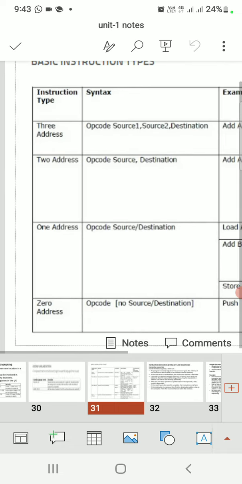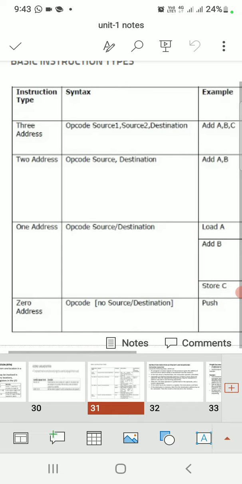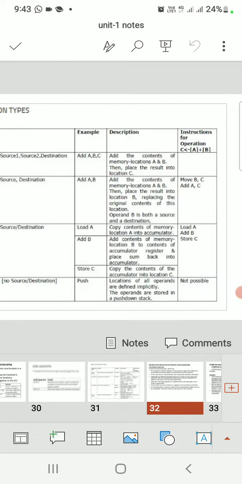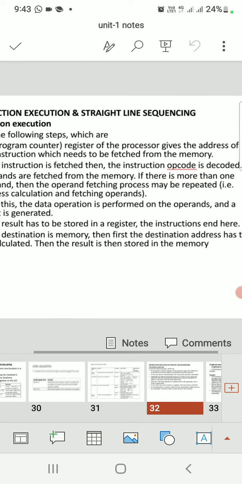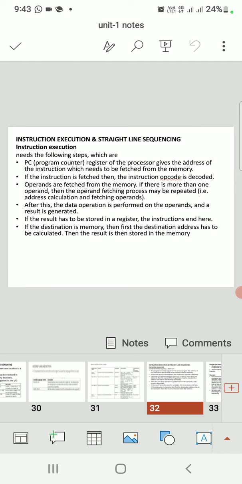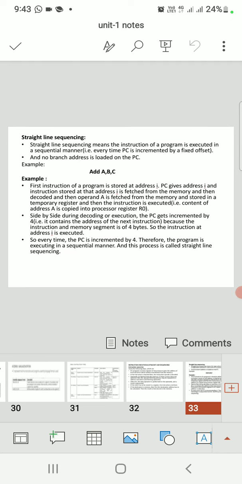There are different types of addressing: 3 address, 2 address, 1 address, 0 address operations. Another thing is instruction execution and straight line sequencing. What is meant by straight line sequencing? We execute instructions sequentially, one by one. That is called sequential execution. Another thing is branching.